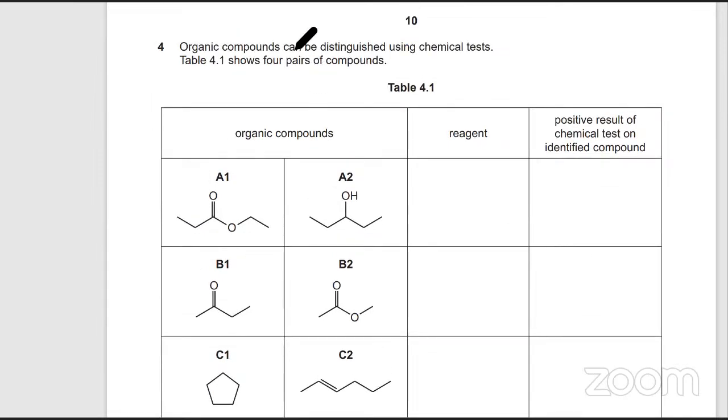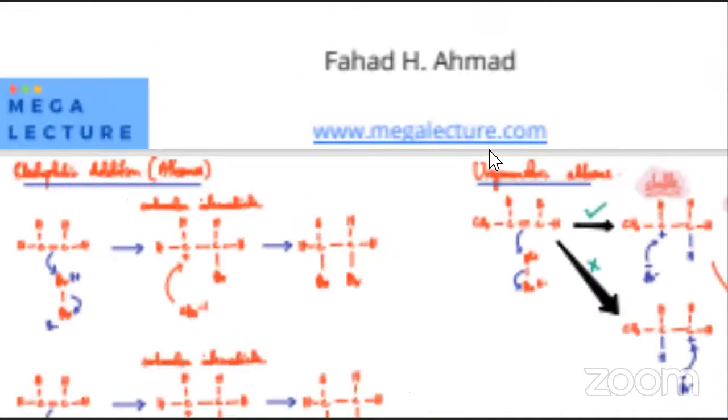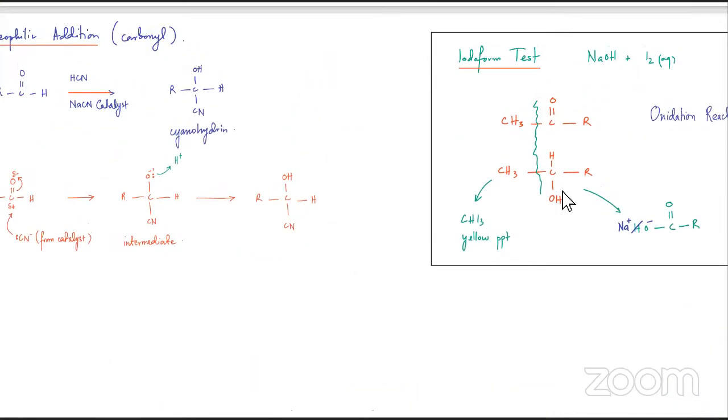This one: organic compounds can be distinguished using chemical tests. So how would you distinguish these two? Iodoform, sir. Iodoform is going to be negative for both of them. Sir, we have the second one... First let's clear up iodoform.